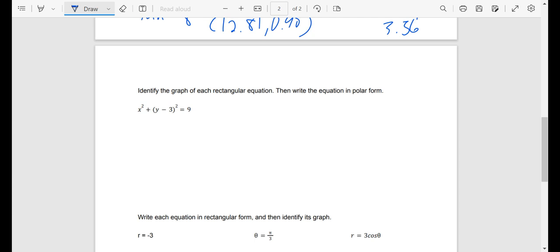Alright, so what's the graph of this going to be? This is the first part of the question. Hopefully you remember it's a circle. Pretty neat, huh? So from here, we need to write in polar form, right? What's x equal to? As you hopefully remember, it's r cosine theta. And y is what? r sine theta.